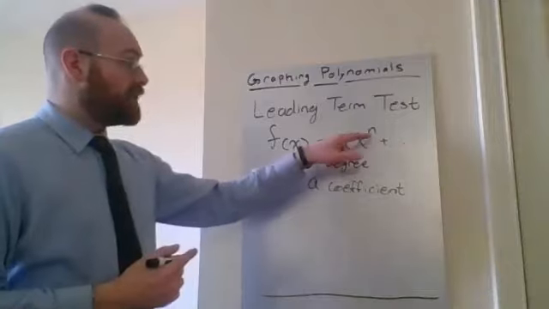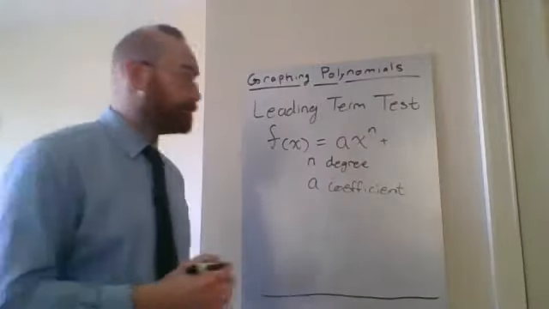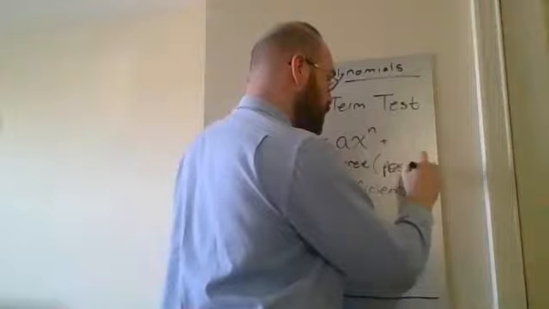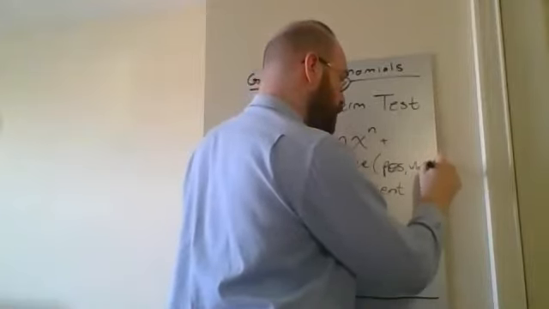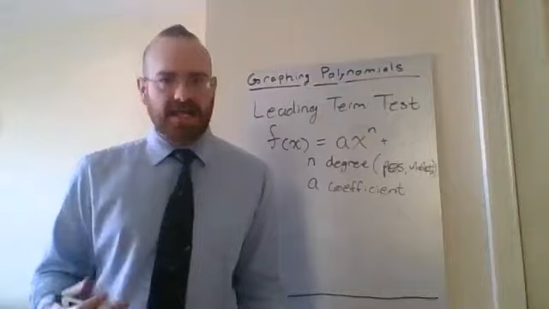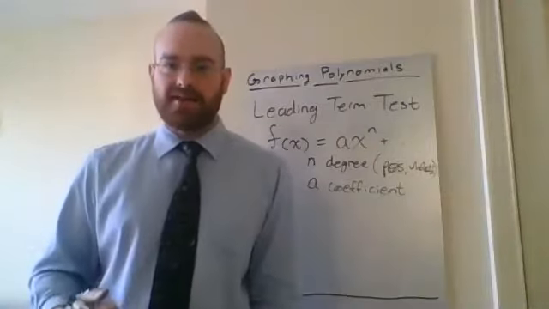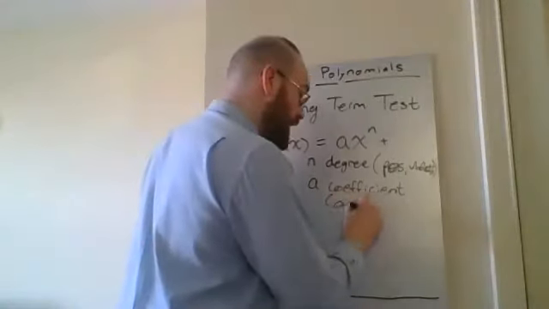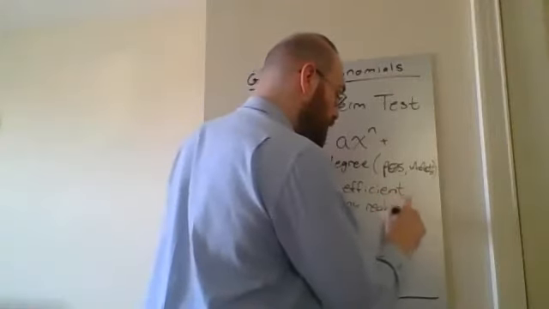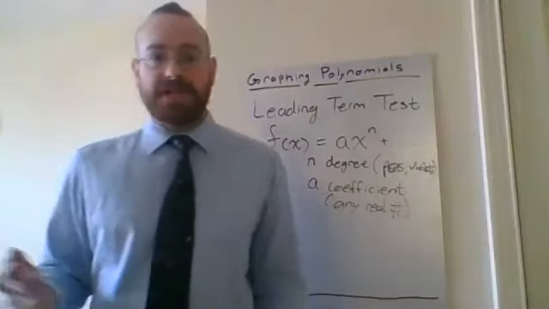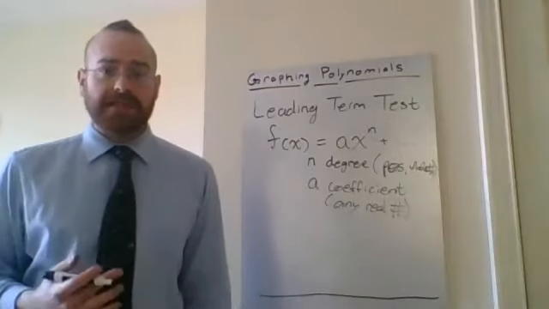We know that the degree is always a positive whole number. So it can be 1, 2, 3, 4, 5, but it can't be -1, it can't be 1/2, not if it's a polynomial. And we know that a can be any real number. So it can be positive, it can be negative, it can be even or odd, any type of number.